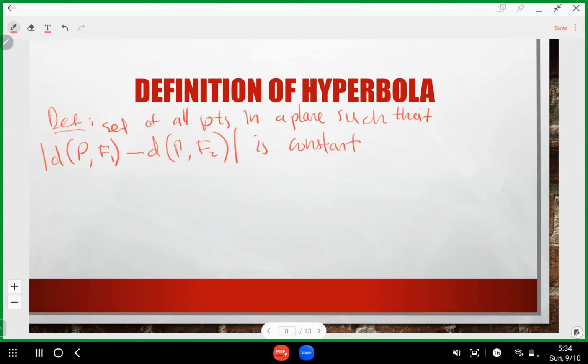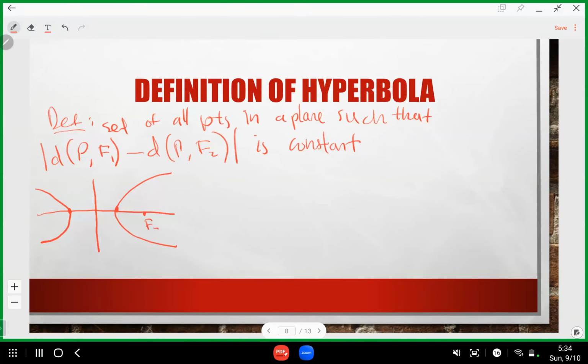So I just explained what a hyperbola looks like. A hyperbola, let's just use this type as an example. A hyperbola has basically two identical parabolas just reflected off of each other like this.